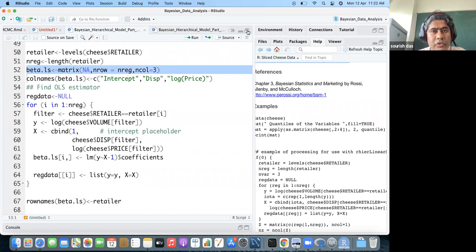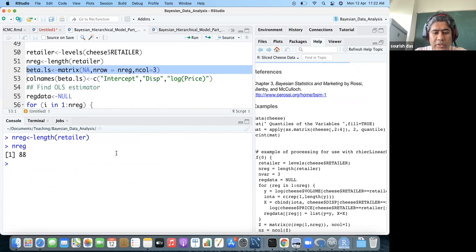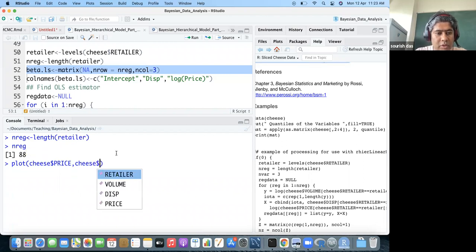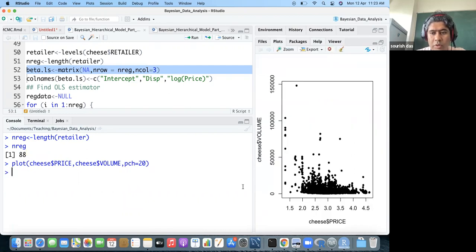So one thing you can do is plot, say, cheese dollar price, comma, cheese dollar volume. So this is how we are seeing the data.